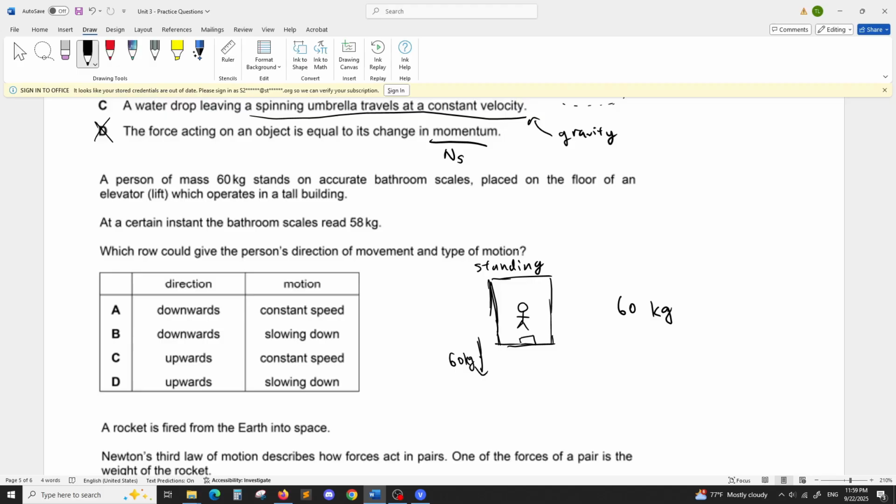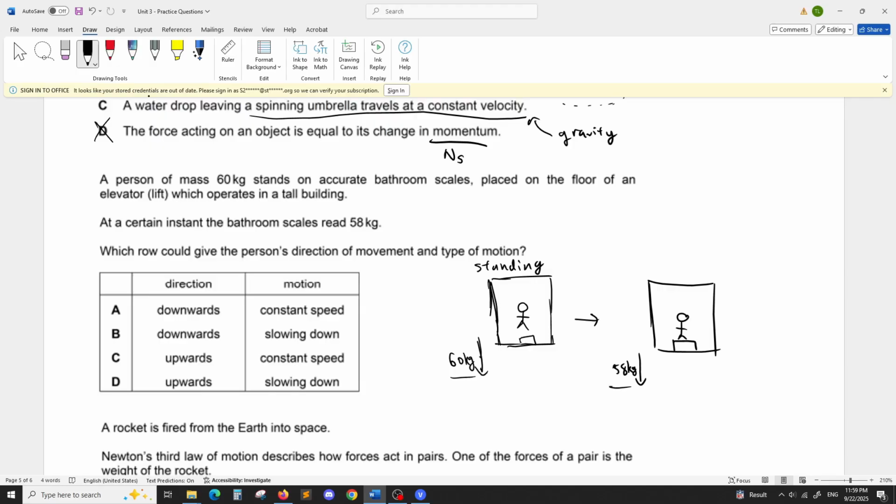And now I have to figure out what circumstance changes it such that our little person here has a reading of 58 kg. Well, we can see that this is 60 and this is 58, right?